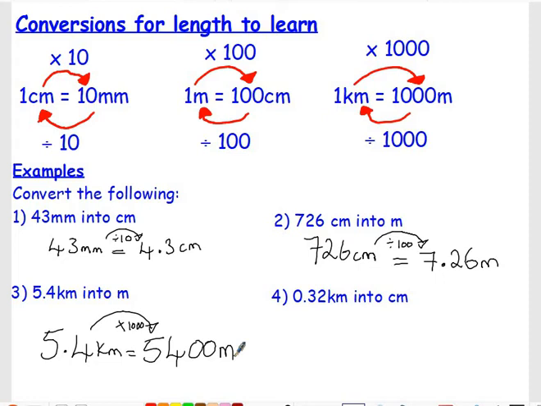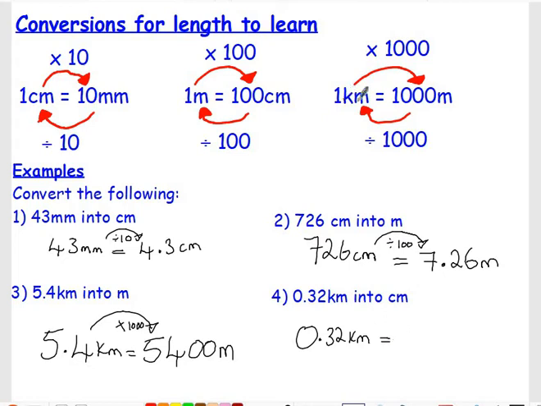Okay, next one then, 0.32 kilometres into centimetres. So with this one, you're not going to go straight from kilometres to centimetres. We're going to need to use 2 conversions here. So we start with 0.32 kilometres. We need to convert it first of all into metres.